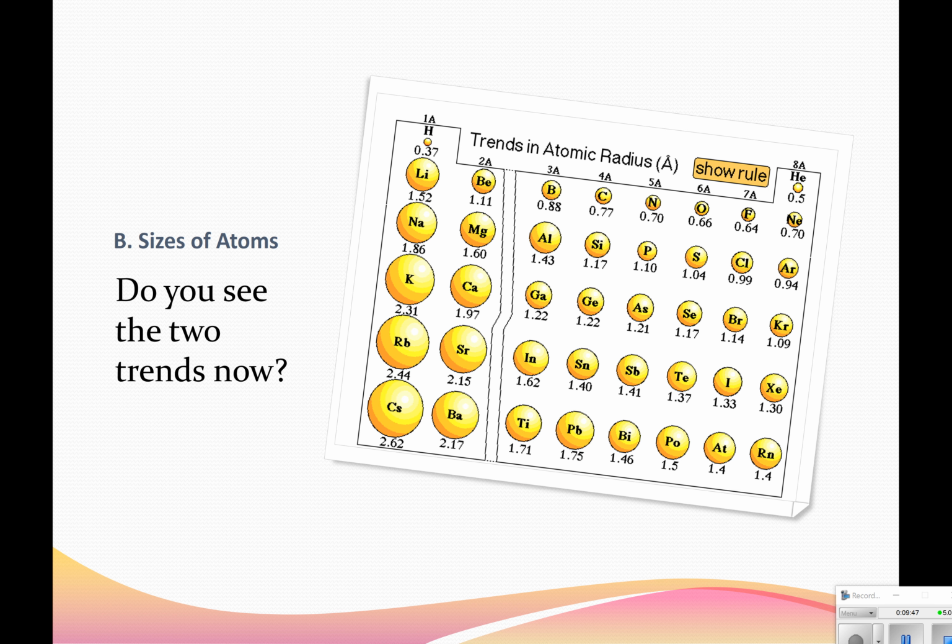We can see this with the graphic here, the 2 different trends: atomic radius decreasing from left to right, no matter which period we're in, and increasing down the group from top to bottom. So our largest atoms are in the bottom left of the periodic table, and the smallest atoms are in the upper right. And what's nice about the way the periodic table is set up is that we will notice a lot of different trends, and this helps us to predict different properties of different elements.